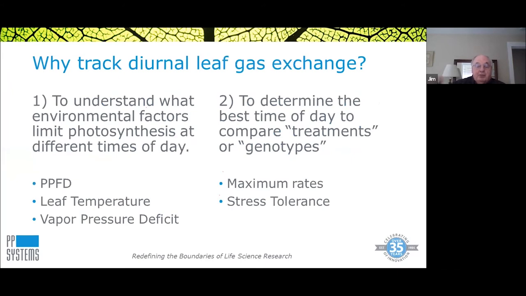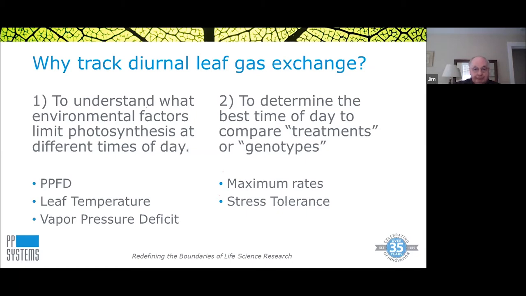So the first question is, why would we want to do this? Why track diurnal leaf gas exchange? I have three reasons, two of which are shown here. First, we might want to understand what environmental factors are limiting photosynthesis at different times of the day, for example PAR, leaf temperature, vapor pressure deficit.